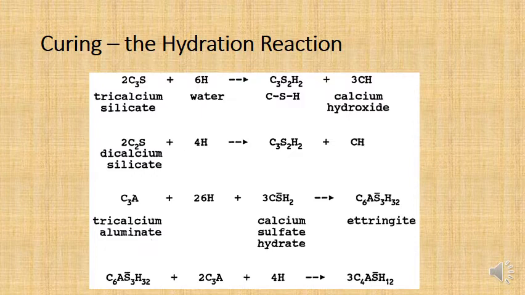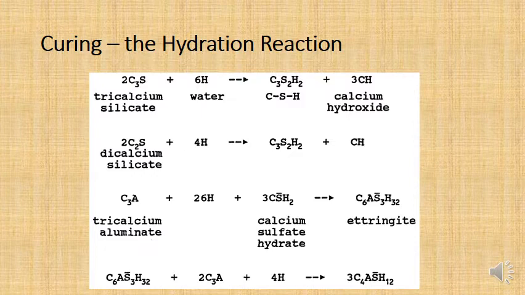Now the tricalcium aluminate is a little bit different. You can see that one tricalcium aluminate combines with 26 water molecules and also calcium sulfate hydrate. So that's the calcium sulfate hydrate. That's in a very small portion. That's inside the Portland cement too.